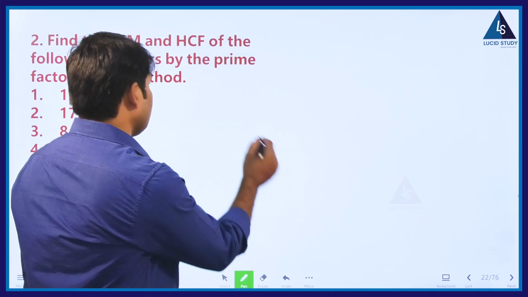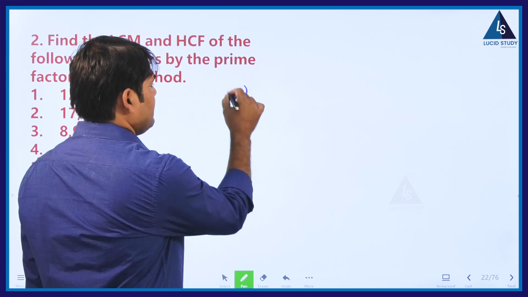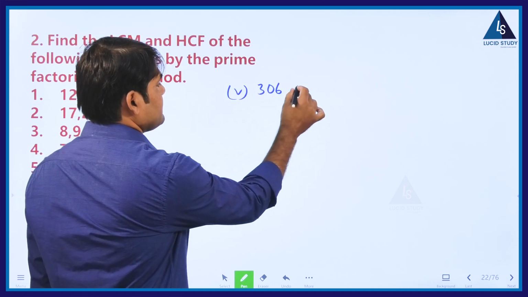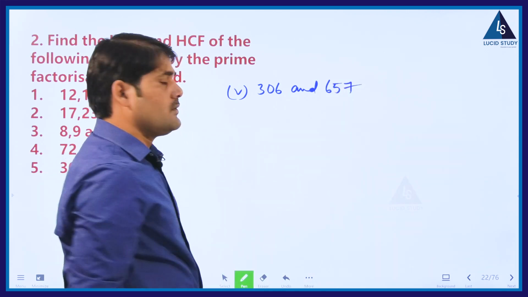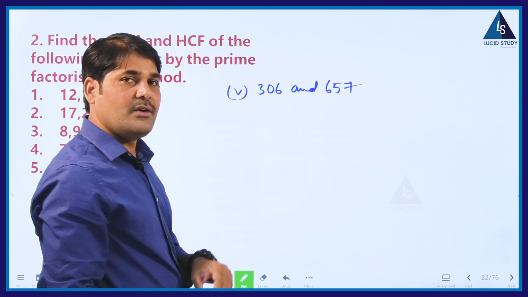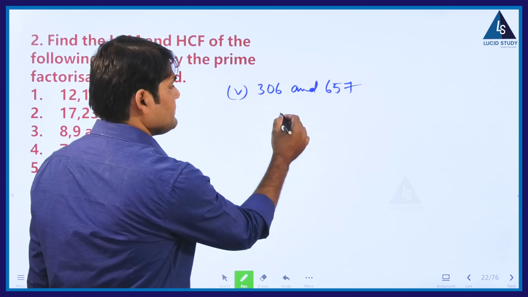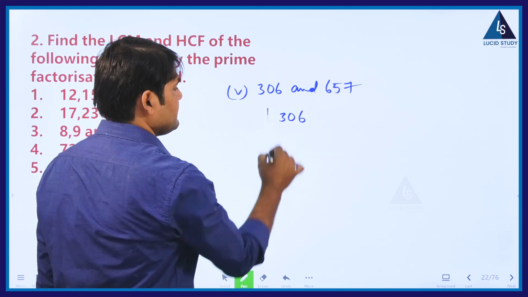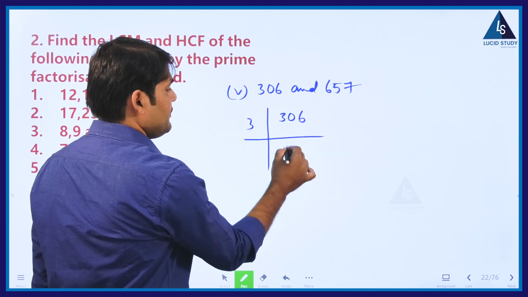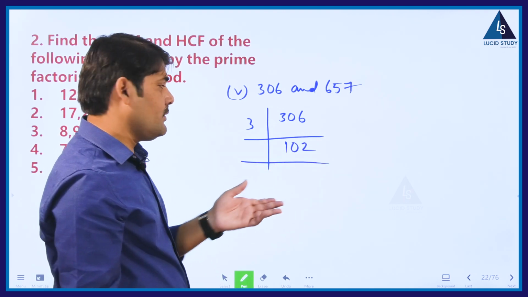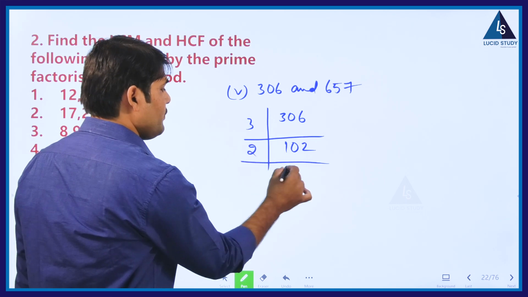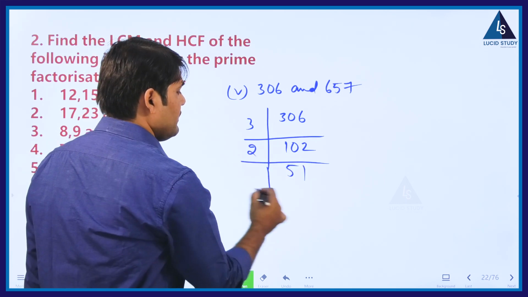So last question, fifth question, 306 and 657. We need to find HCF and LCM of these two. First we will write prime factors. 306, 3 1s, 3 table easy. So here it is in the 2 table. 2 5s, 2 1s.